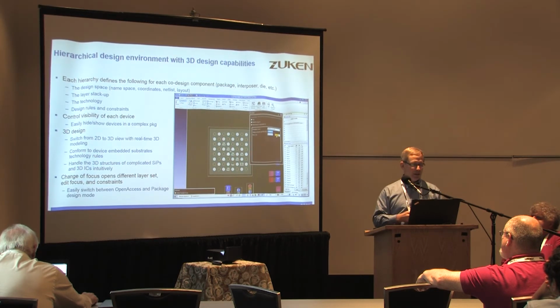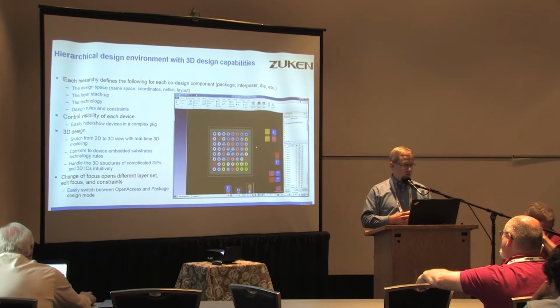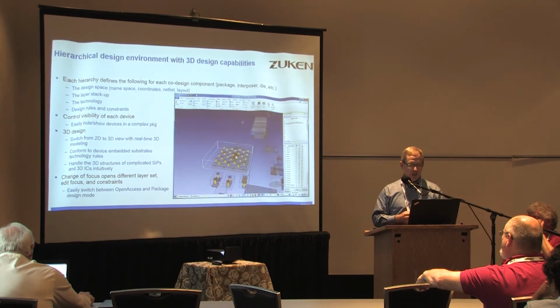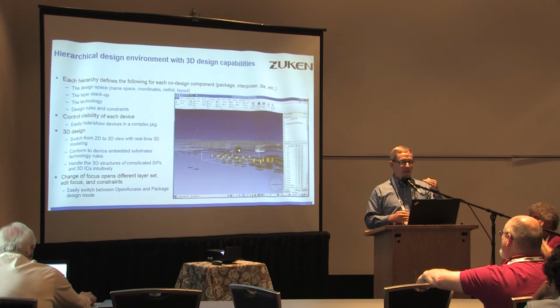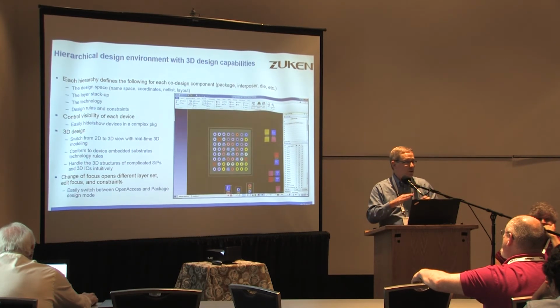Each hierarchy, as I mentioned before, defines the design space, the namespace, the coordinates, the netlist, and layout, the layer stack of the technology and the design rules for that part. And it's going to be different for each part. It controls the visibility of each device. So if you've got a 5-die stack, you turn off the top 2 and the bottom 2 dies in the stack and look at the middle one and see what's going on.